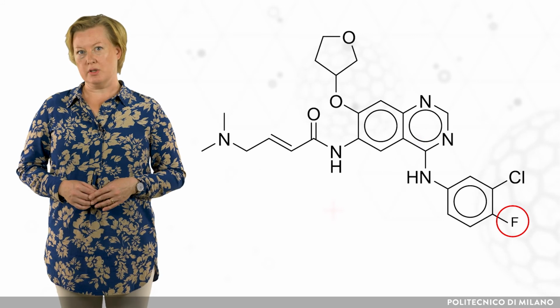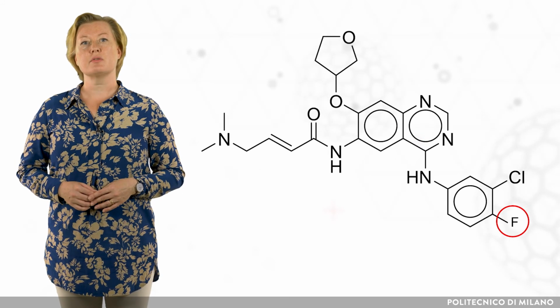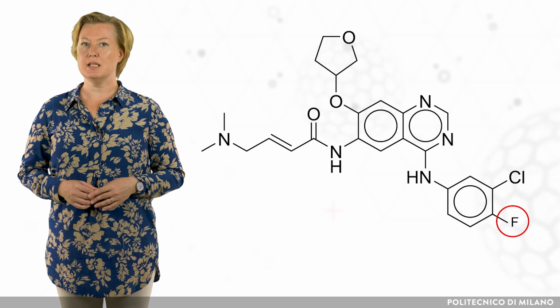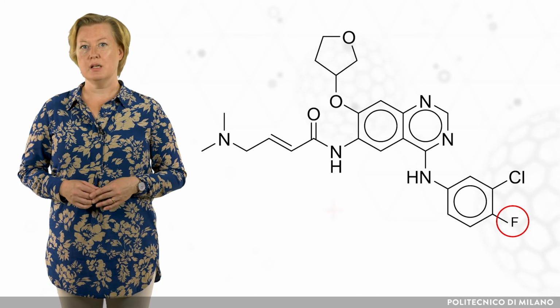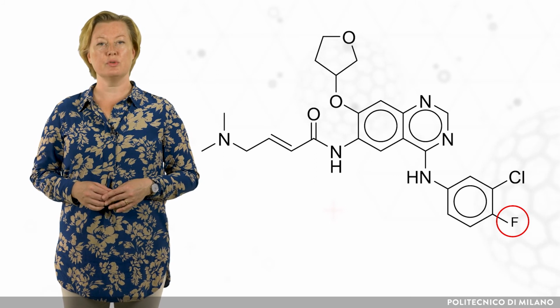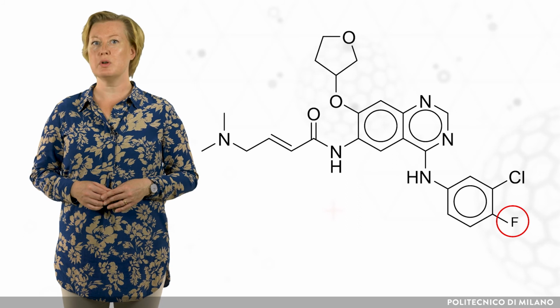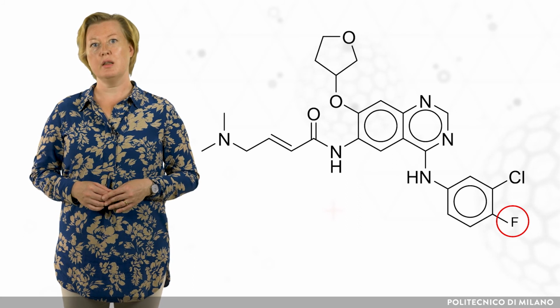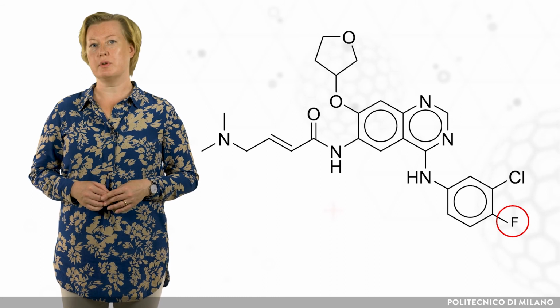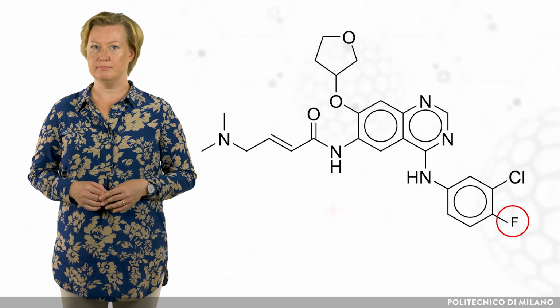Many pharmaceuticals have fluorine in their structure, which can be isotopically replaced with fluorine-18 for imaging. This is the case of afatinib, which is used for treatment of non-small cell lung cancer and other solid tumors, and can be radiolabeled with fluorine-18 for PET imaging.